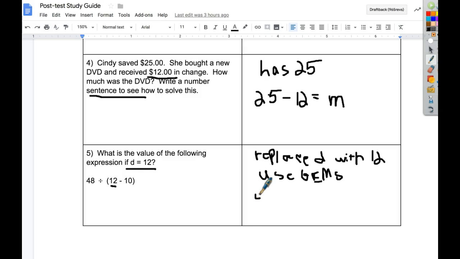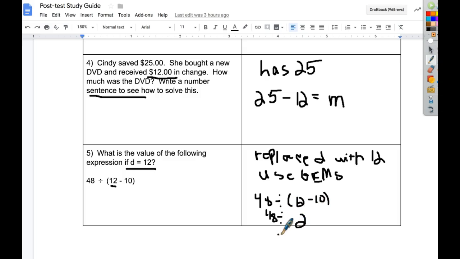So I have 48 divided by, again, I have parentheses, 12 subtract 10. 48 divided by 12 subtract 10 is 2.